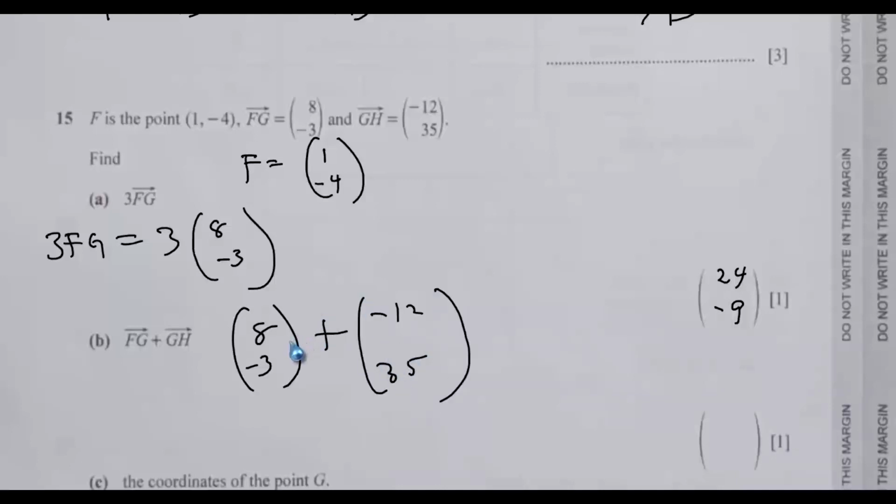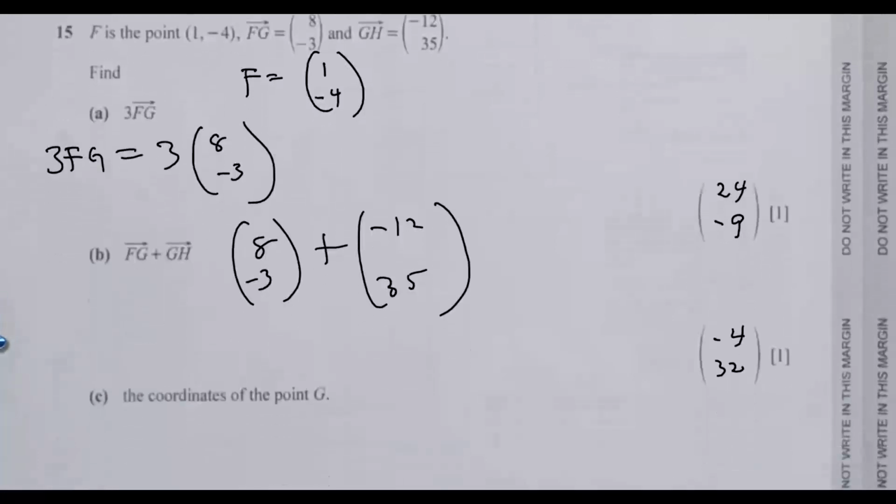Okay, so we need to add them together. 8 add -12, that's the same thing as 8 take away 12, and that will be -4. I can put -4 here. Then -3 add 35, that will be +32. Okay, so the B part of it is this.